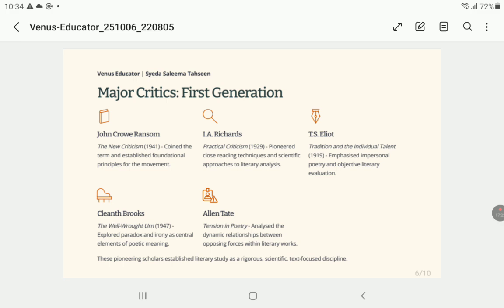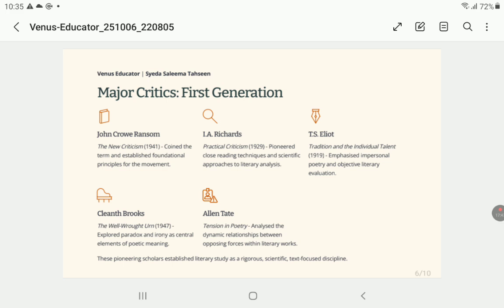The first generation of major critics includes John Crowe Ransom, who coined the term New Criticism and established foundational principles for the movement. Then I.A. Richards, a very famous person who wrote the book called Practical Criticism.